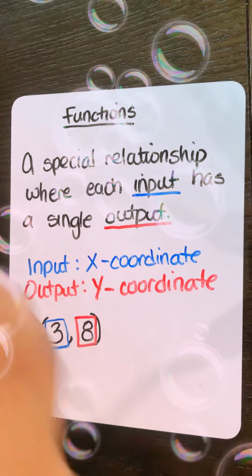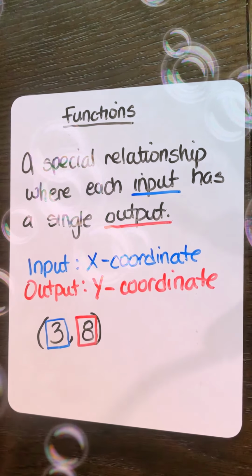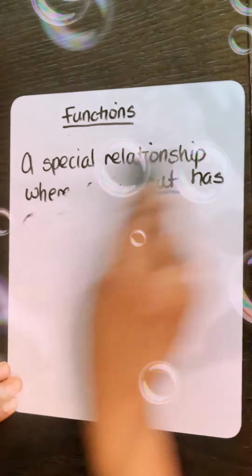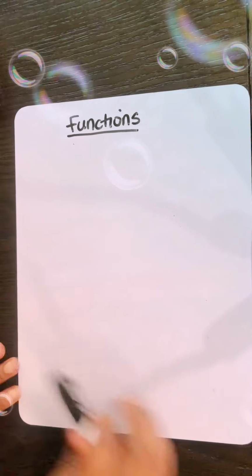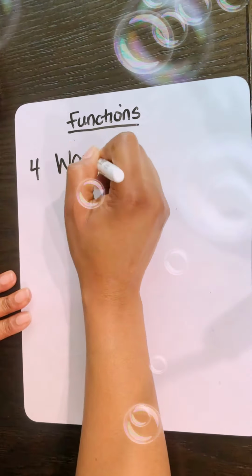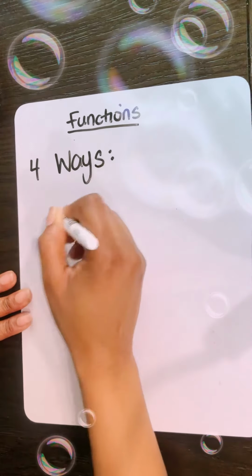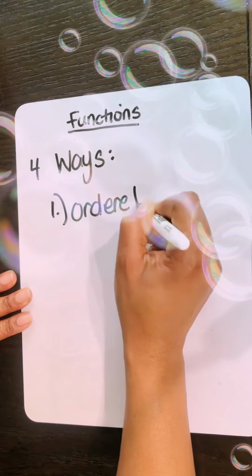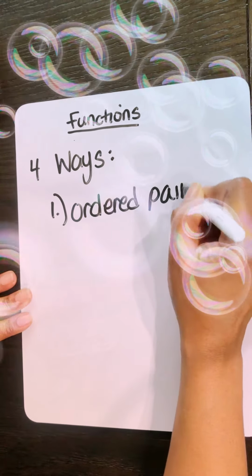Functions can be demonstrated in 4 different ways. Okay? The 4 ways that a function can be demonstrated. The first one is an ordered pair. Okay.